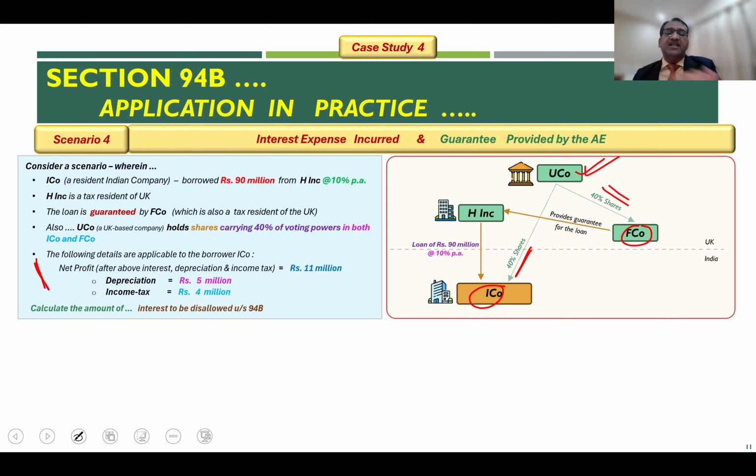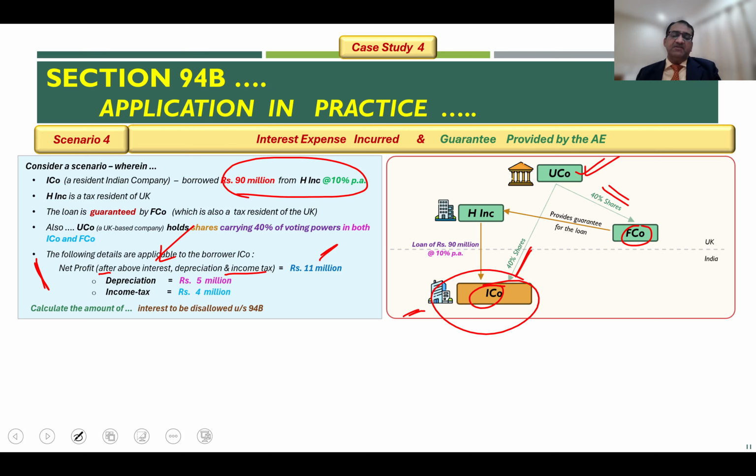Now, additional financial details are given with respect to ICO. ICO has a net profit, after the interest on this loan of 9 million, depreciation and income tax, of 11 million.